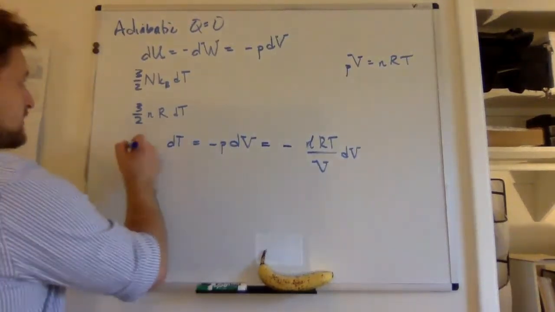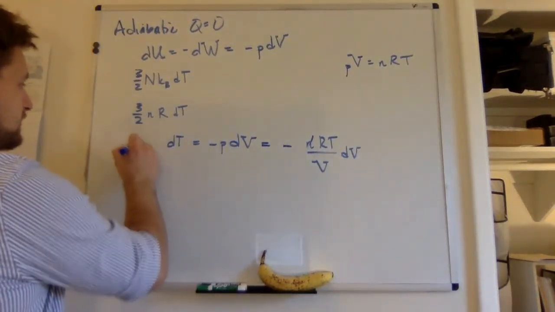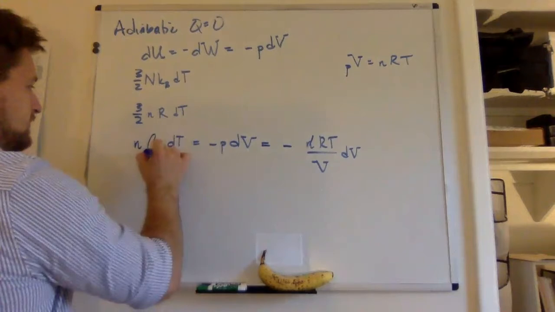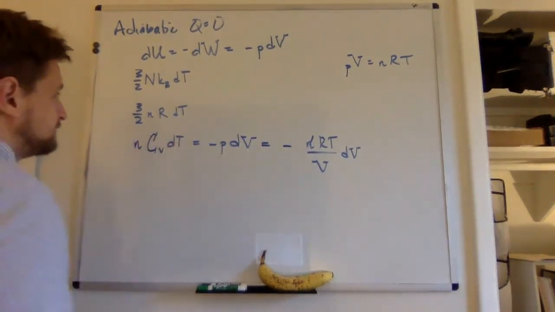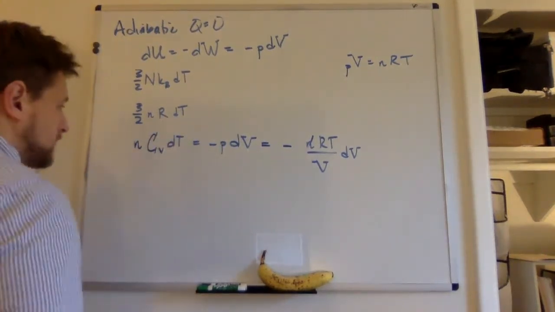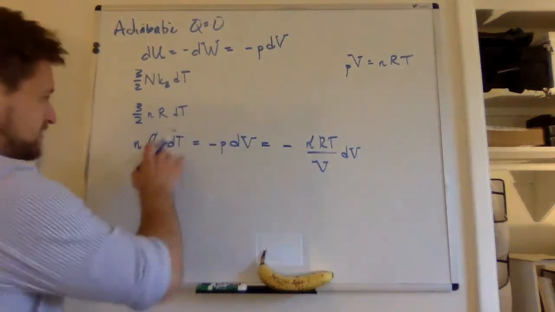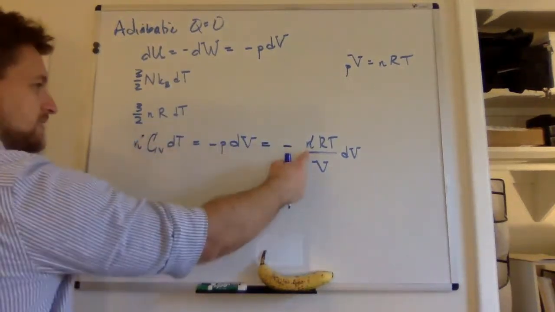Let's just write this as nC_V delta T. I had that before, and let's just stay with it. The n's we canceled.